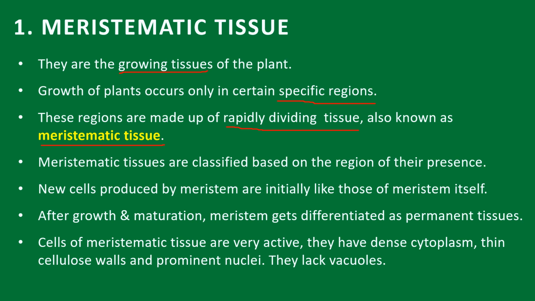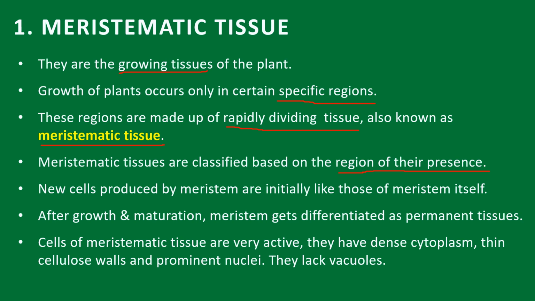These meristematic tissues are further classified on the basis of region of their presence, their location. So in a plant body, where are they present? Whether they are at the apical region or the lateral region or the intercalary region. Wherever they are present, accordingly they are classified.